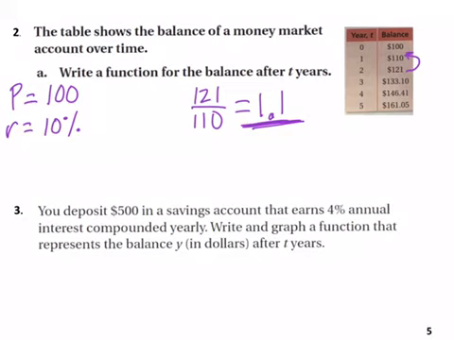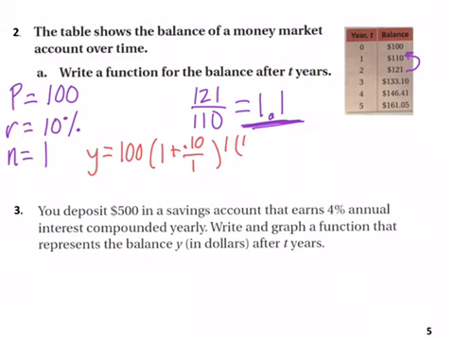And then since it's not talking about when it's compounded, we're going to say that it's compounded each year, so our N is 1. So when we plug it in, we have Y equals 100 times 1 plus 0.1 divided by 1. And then we have, again, our N times T. So it's 1 times T.